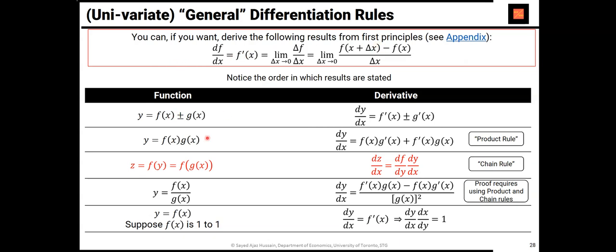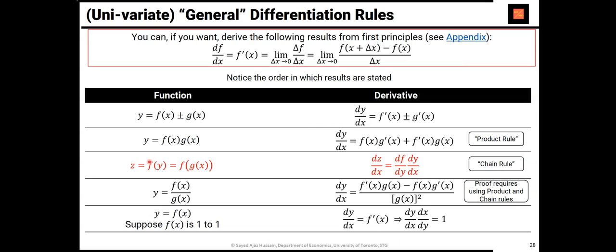So you should now see, of course, that this is your classic rule: the derivative of a sum is the sum of derivatives, or the derivative of a difference is the difference of derivatives. This is the product rule, which I'm sure you remember from undergrad. That's the chain rule. z is a function of y, but y is a function of x. When x changes, somebody wants to know what the change in z is going to be. So you have to first figure out the change in y due to the change in x, and the change in z due to the change in y.